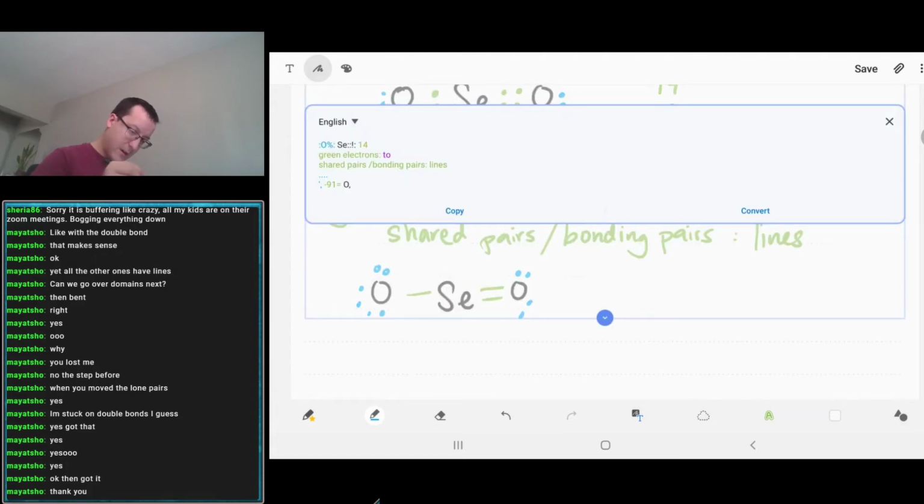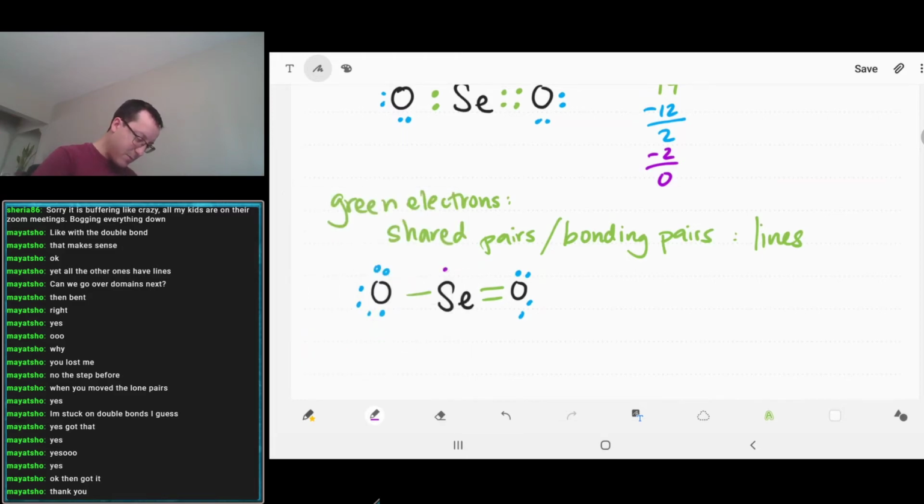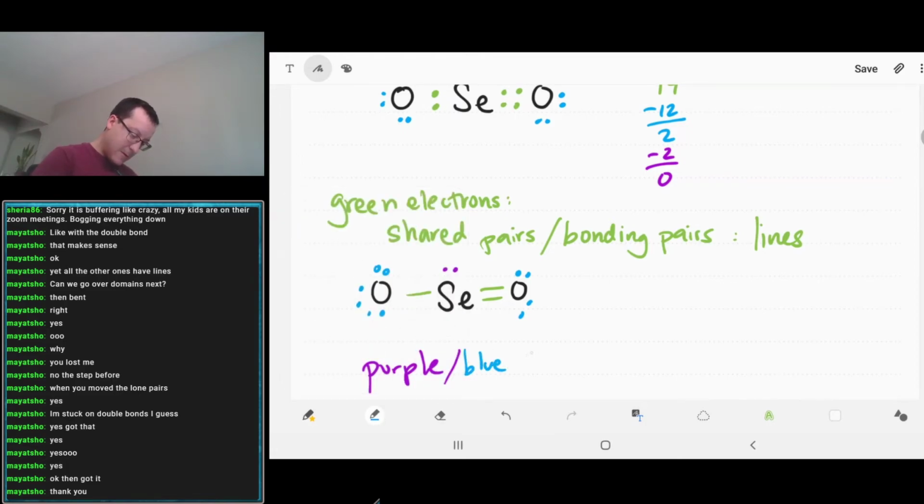I'll keep these purple because I had them purple. The purple and blue ones are lone pairs, and we keep those on our final structure, as they are drawn.